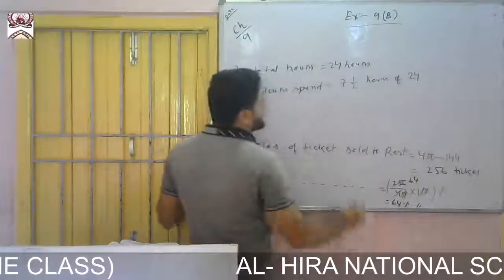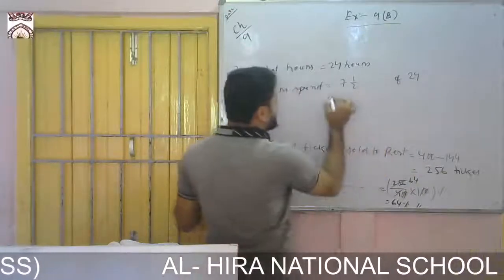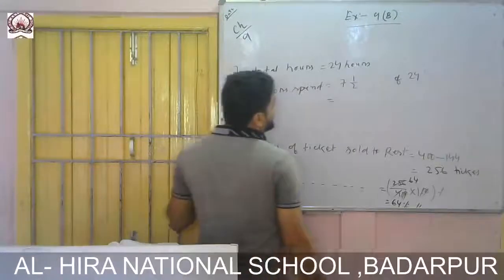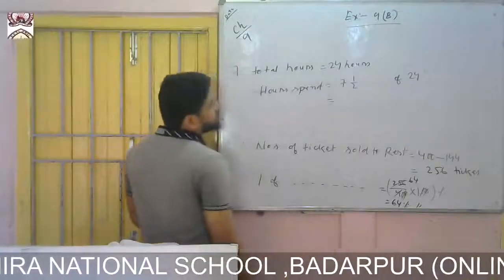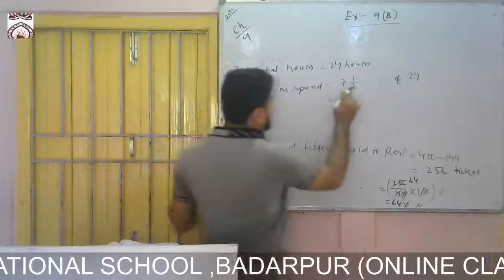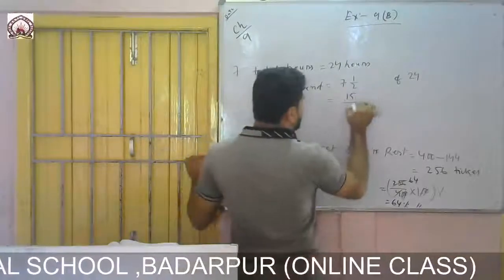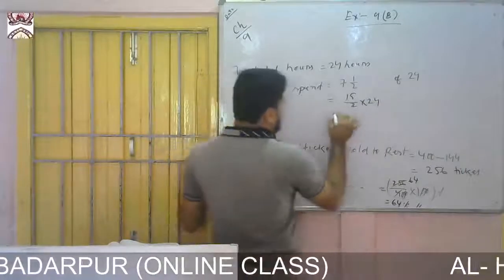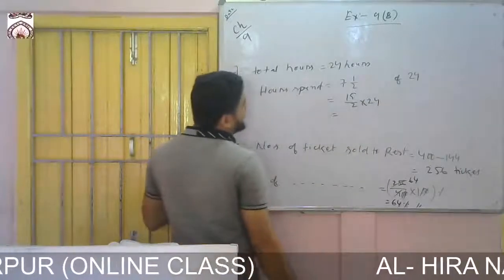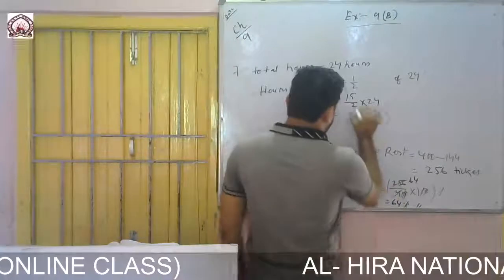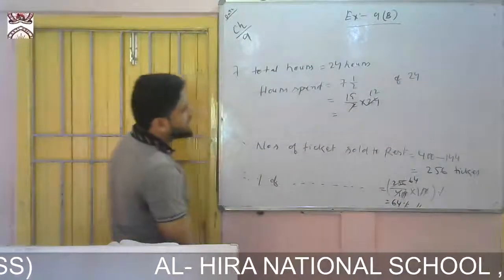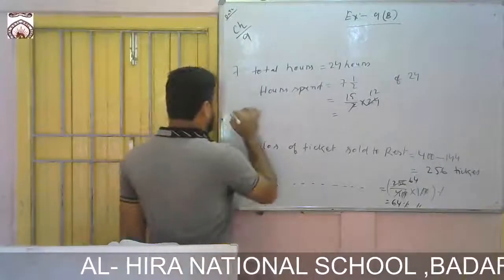So 7 twos are 14, plus 1 is 15 by 2, over 24.